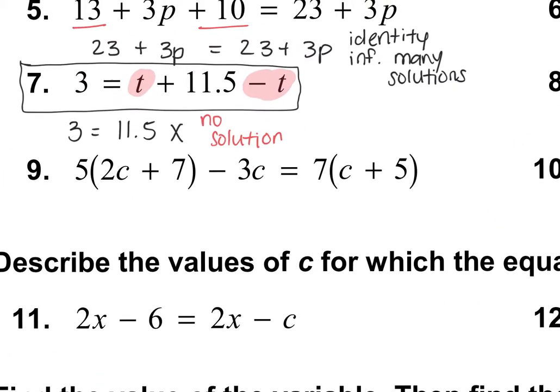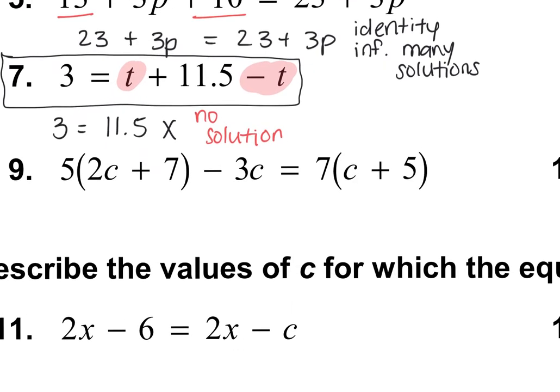Number 9. Now we get into the fun part, okay? Now we've got distribution. So we're going to distribute, and then we're going to see what we get. So we got 5 times 2c plus 7, and then minus 3c equals 7 times c plus 5. Distribute the 5 to both terms.